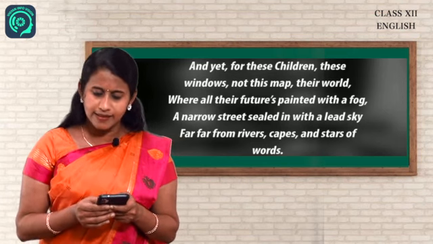And finally, the poet tells that they are far away from the geographical beauties of nature. They are far away from rivers, capes, and stars of words. Here, stars of words means education. So they are not only far away from all the geographical benefits, but also they are away from education.